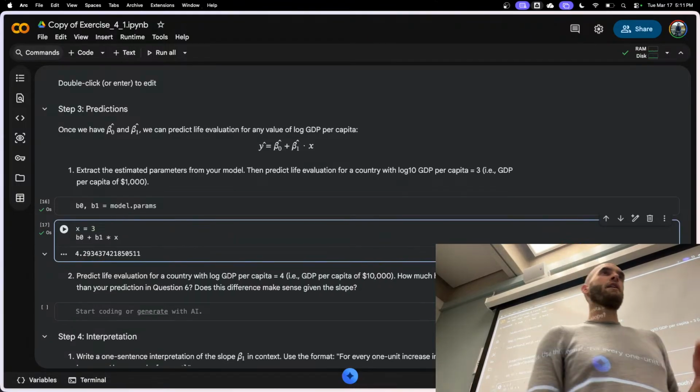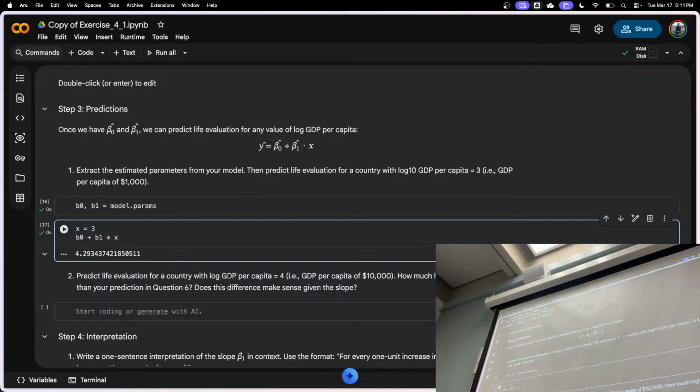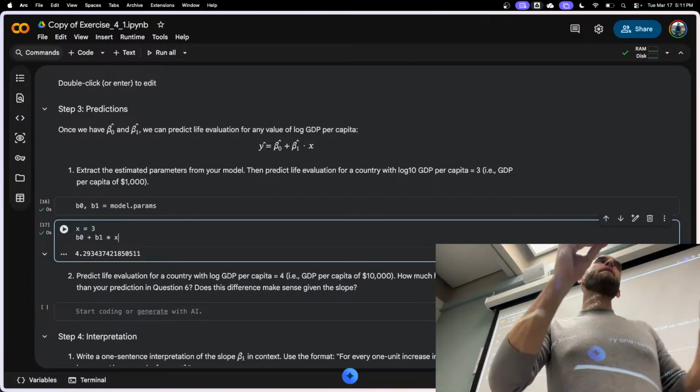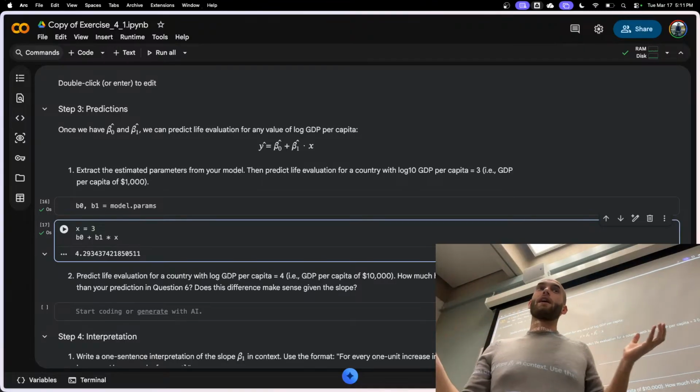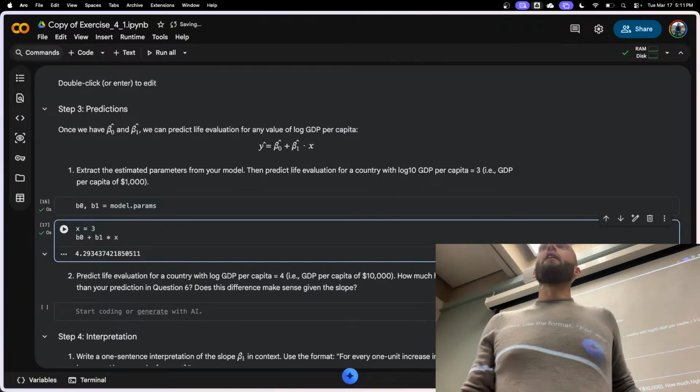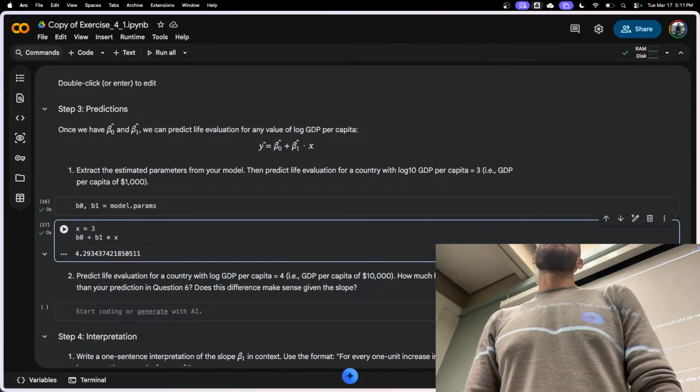This is going to give us the prediction for the happiness score of countries with a log GDP per capita of 3. So simple algebra from high school gives us a prediction. This may seem simple, but this is the kind of workhorse model that we use in really every area of empirical science.